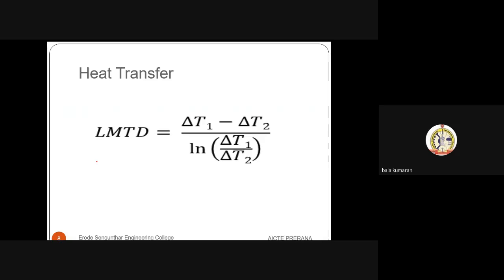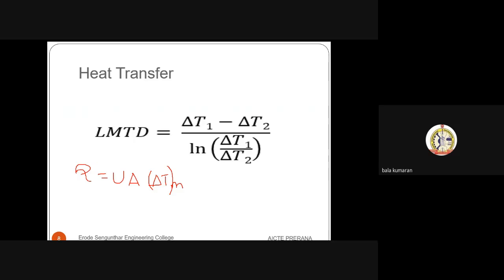In that, we have another formula, which is Q is equal to U A del Tm, the formula for heat transfer.